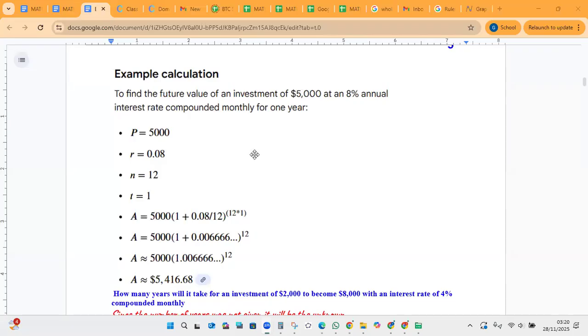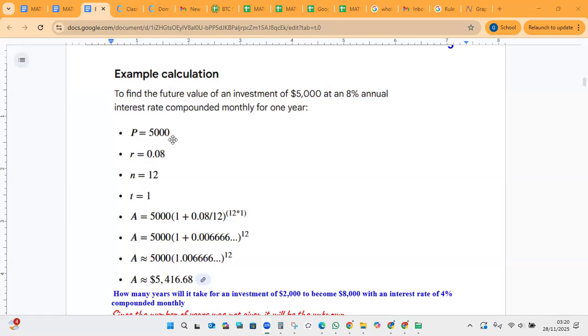So here we have an example. It says to find the future value of an investment of $5,000 at an 8% annual interest rate compounded monthly for 1 year. So here, this question is not really concerned about calculating the number of years. The number of years is 1. What it wants is the future value, the actual value, the A. So it's a simple case of substituting into the formula.